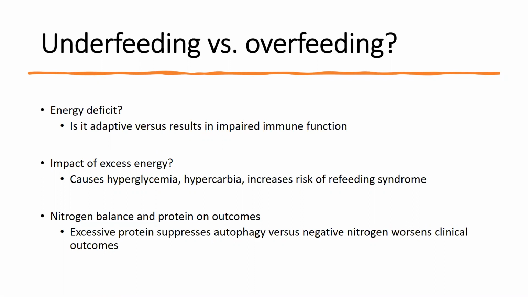What seems to have panned out over the last couple of decades is a favoring of hypocaloric versus isocaloric, not overfeeding. So not hypercaloric, but err on the side of more isocaloric and hypocaloric. There's no clear benefit of hypocaloric versus isocaloric, but generally the guidelines in acute phases of critical illness will favor hypocaloric.